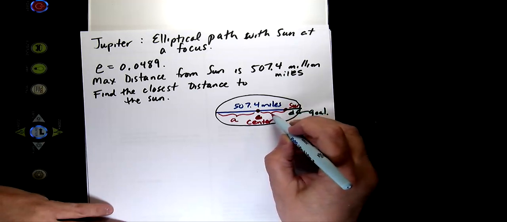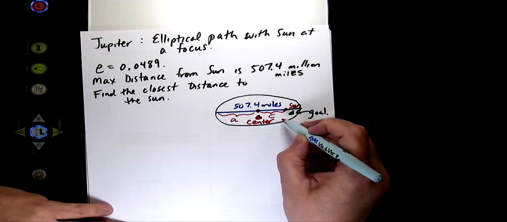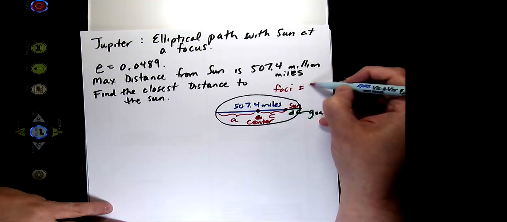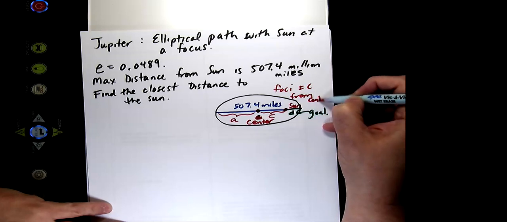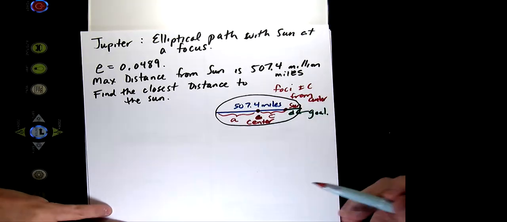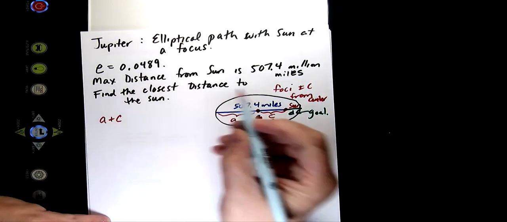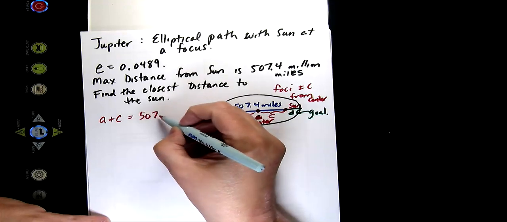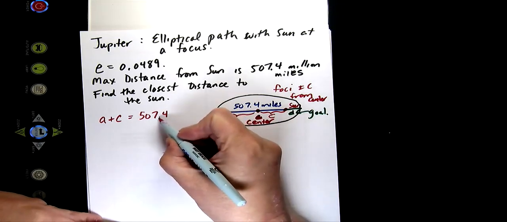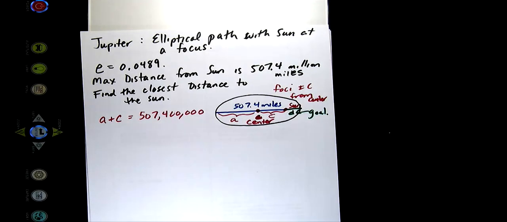The foci are always C away from the center. The foci are plus or minus C from center. And since the way I drew it with an A, I could have done it vertically and done B, but this tells me A plus C equals 507.4 million miles. I guess I could turn that into millions and get rid of the millions.